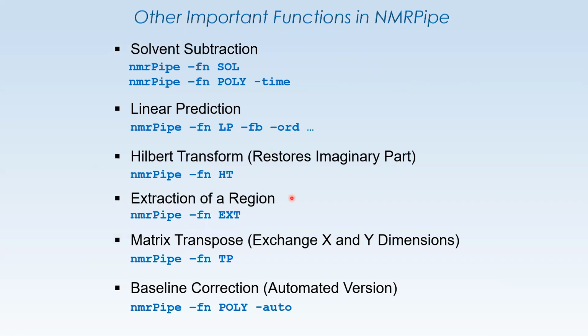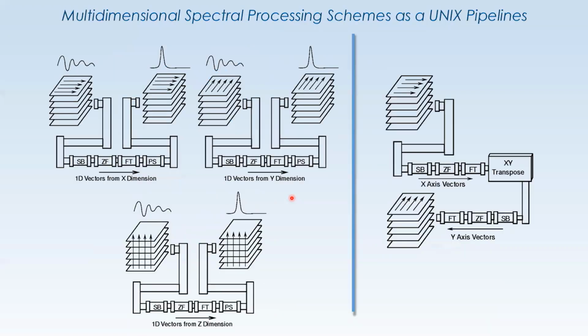Some common ones are solvent subtraction filters, linear prediction, Hilbert transform, which generates imaginary data from the real part, extraction of a particular region of interest, exchanging the dimensions of a data set, or performing baseline correction. And once we have a set of processing functions like these, we can put them together and build multidimensional processing schemes.